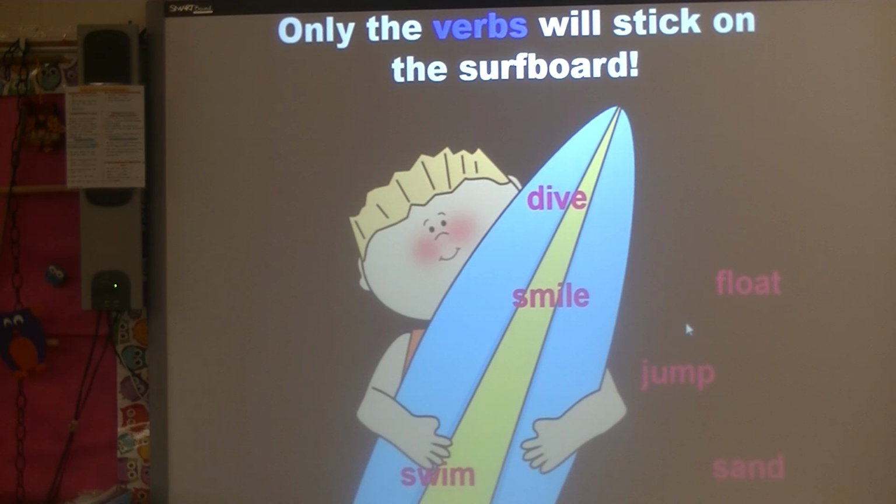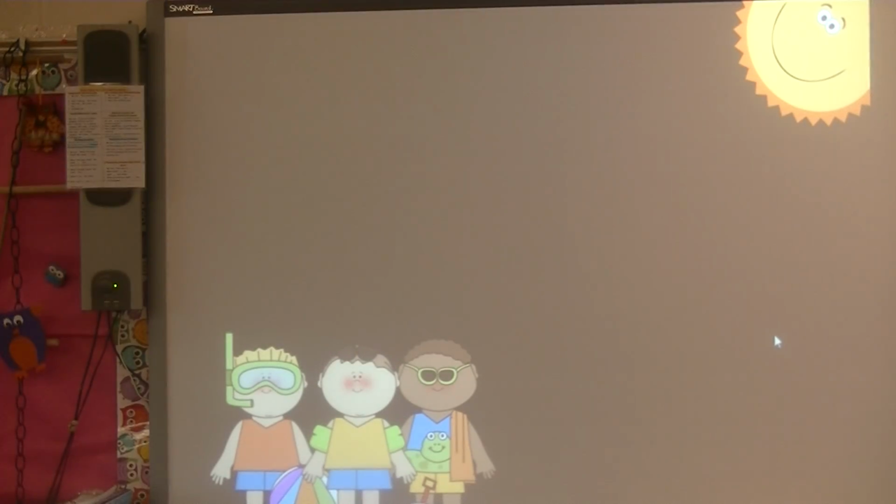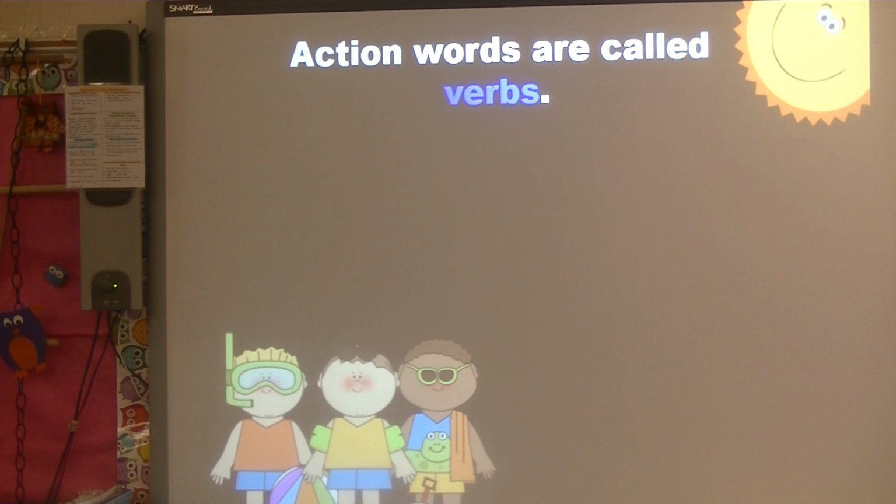Sun is a noun. If you float, the action is a verb. It can be a noun, though, at times. Jump is a verb. Sand is a noun. It's a thing. Action words are called verbs.